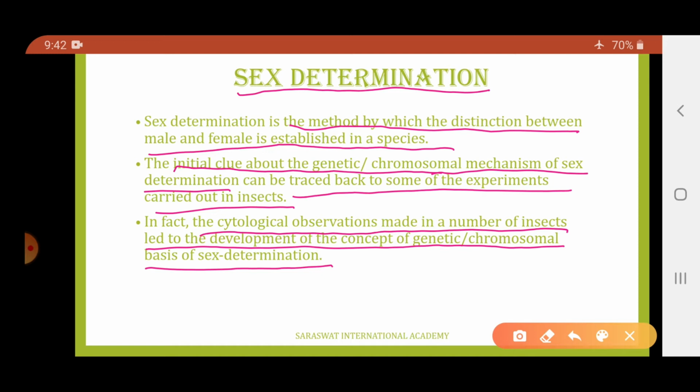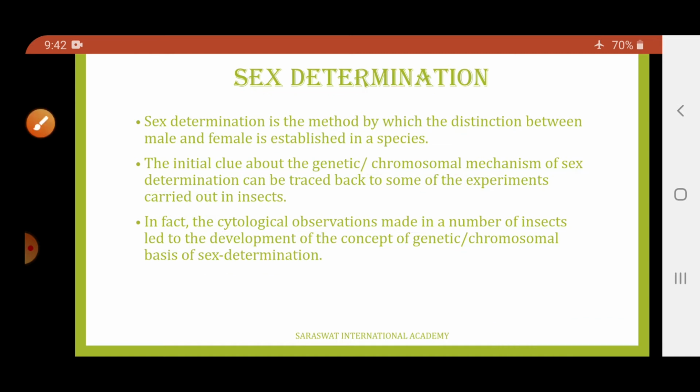So, these cytological observations made in insects led to the concept of the chromosomal basis of sex determination. That is, through the chromosomes we can decide whether the individual is male or female. These conclusions came through various experiments carried out in insects.